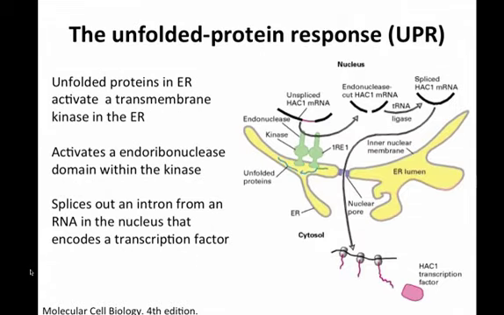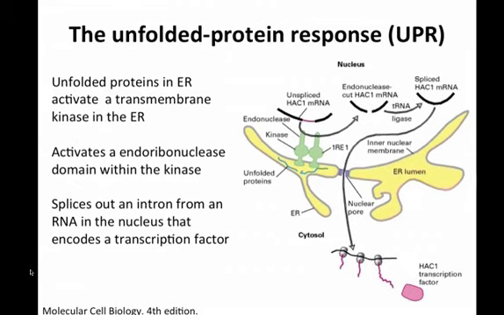So this is what it looks like. I have a few slides that explain this, but the basics are that there are sensors in the ER membrane, and they've got the luminal side that will sense unfolded proteins, and then they've got this kinase side. I've seen two versions of this.